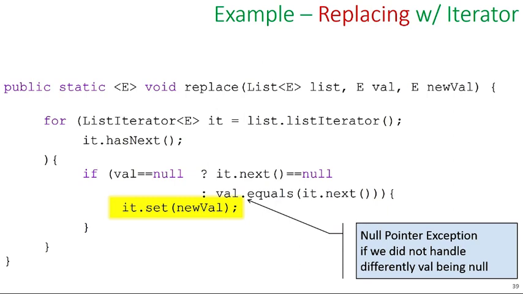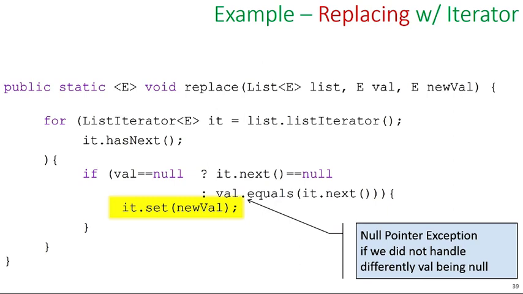If the next element is null, then I replace it. Set is going to replace whatever next has returned to you. And if val is not null, then I just test whether val is equal to my element obtained by it.next, and if so, I replace it.